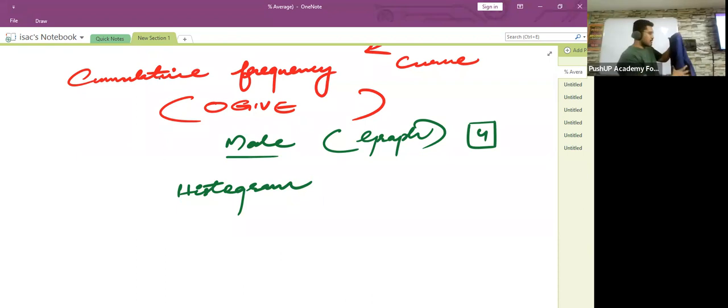Okay, let's start, children. Now, arithmetic mean is not a very new topic for you all. You all have learned it in class 7, 8, and 9. All three grades you have learned this topic, right?